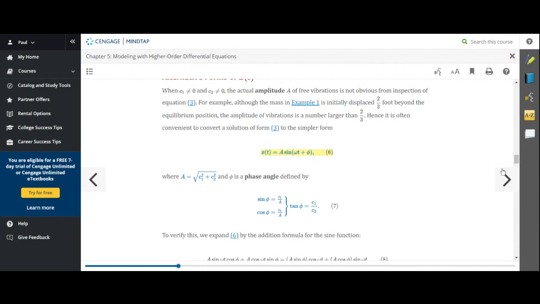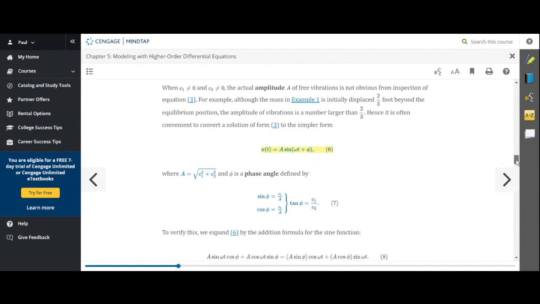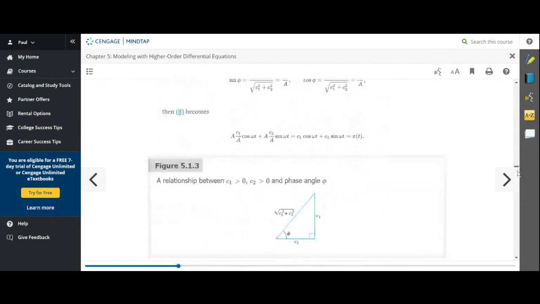They have a right triangle here in figure 5.1.3 where they've labeled the sides as you see them, and the phase shift is phi, and then your amplitude is the square root of C1 squared plus C2 squared.